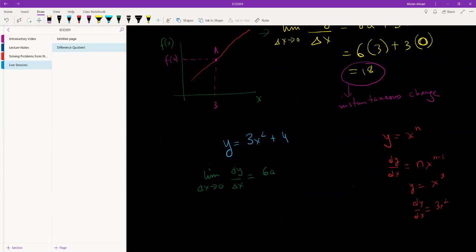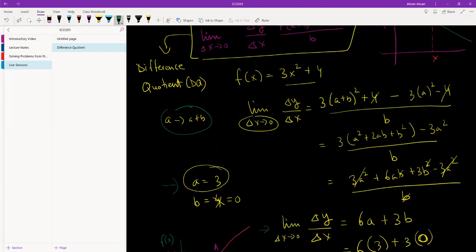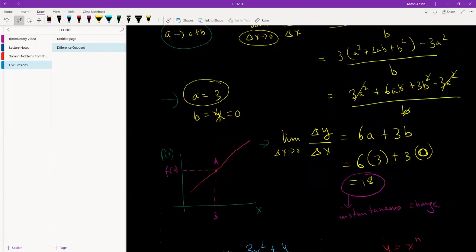And what is a? A is just the value of x. So we can just write this as 6x. Remember, a right here is just the initial value of x, where we are starting off.